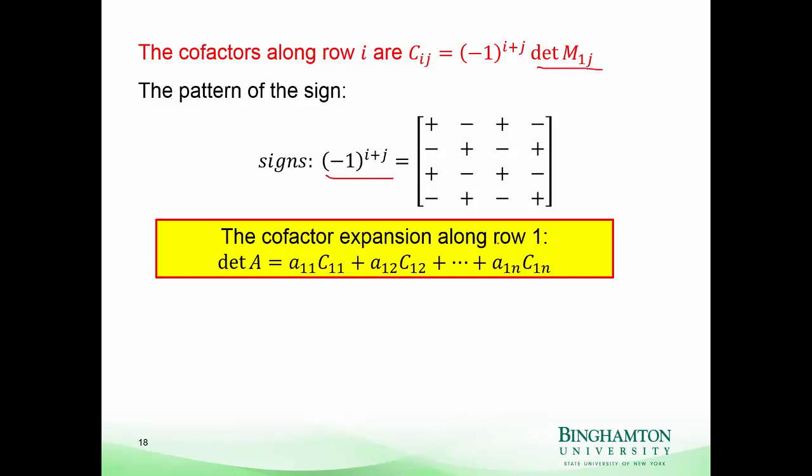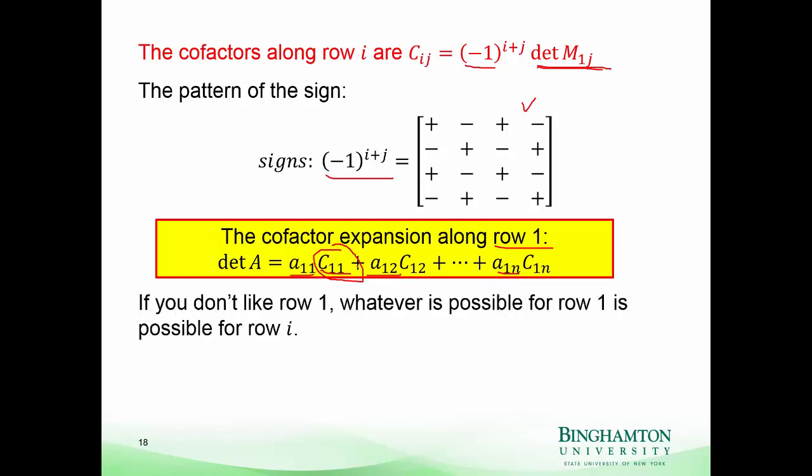And so the cofactor expansion along row 1, you just take the elements along the row, you figure out their cofactors, which involves just crossing out the right column and row to take the determinant of the remaining elements, look at our checkerboard to get the sign, and put all that in as the cofactor. And if you don't like row 1, you can use this for any row that you want. Now, why would you not like row 1 but like some other row?